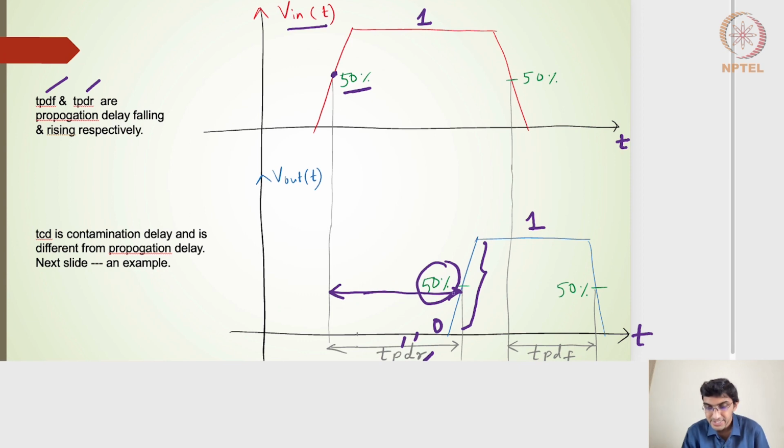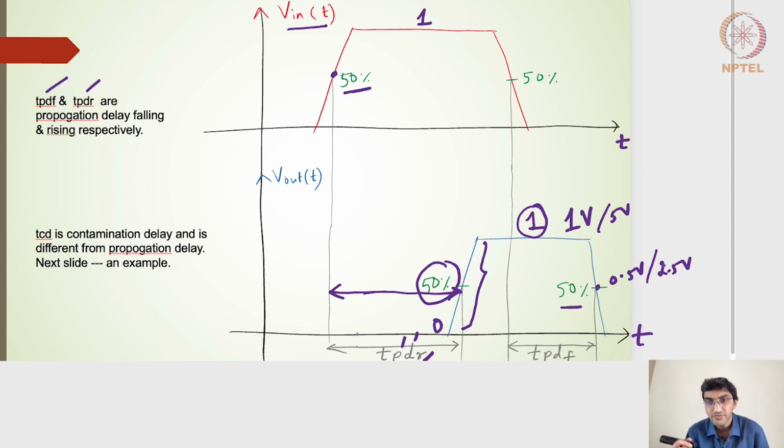Right. Similarly, the propagation delay falling will be when the output is falling and has reached 50% of its falling output. What the 50% means: whenever it has gone to a digital logic 1, which means it is 1 volt or any other, say 5 volts, the 50% represents either 0.5 volts, or if it is 5 volts, then it should be 2.5 volts.